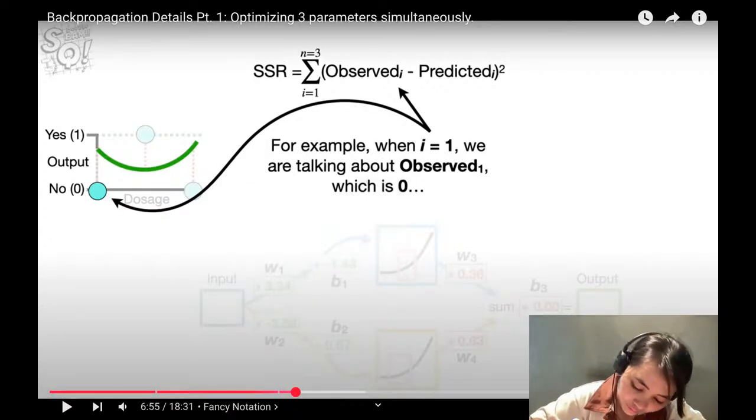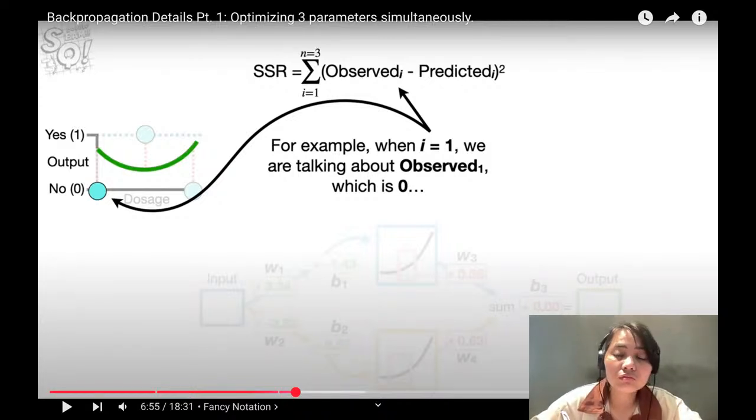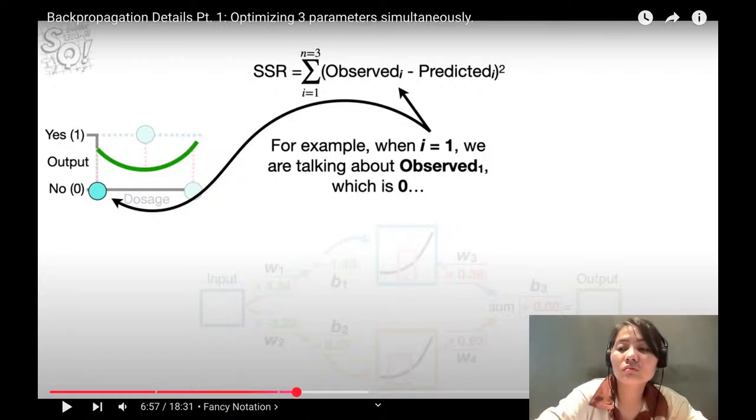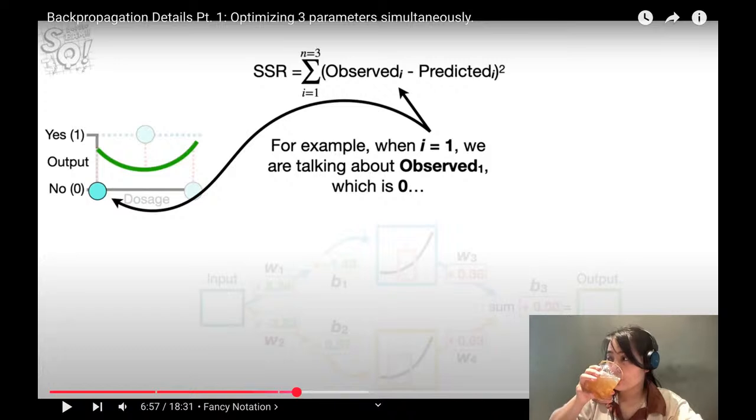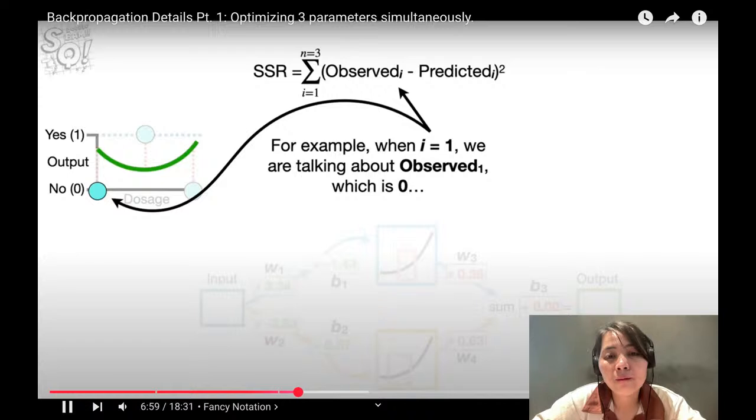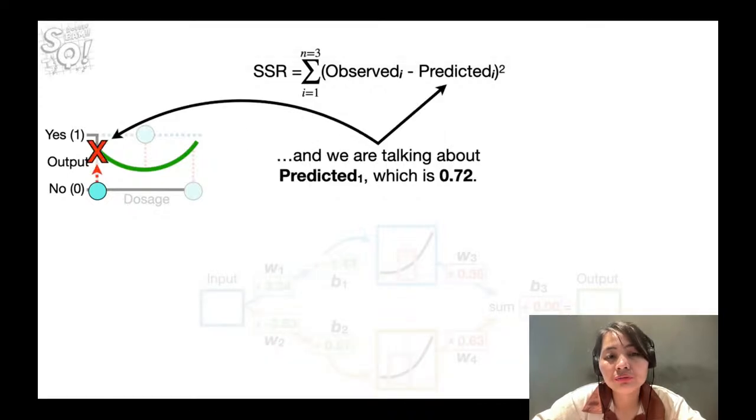For example, when I equals 1, we are talking about observed sub 1, which is 0. And we are talking about predicted sub 1, which is 0.72.